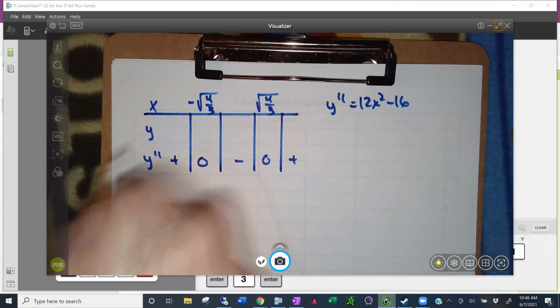Concave up, concave down? So would this be concave up or concave down? Something happened to your mic there. So let me just help out. It'd be concave up, concave down, concave up. So thank you.